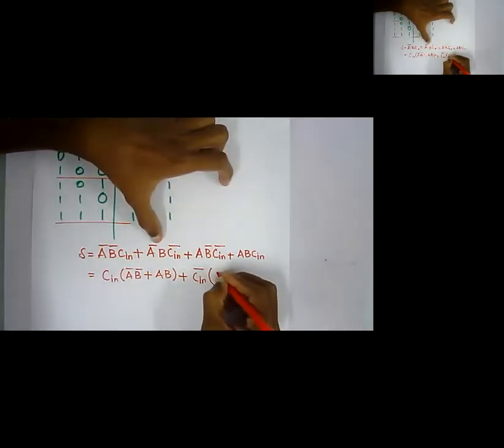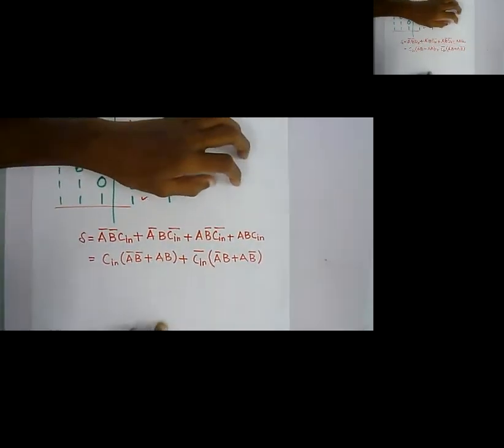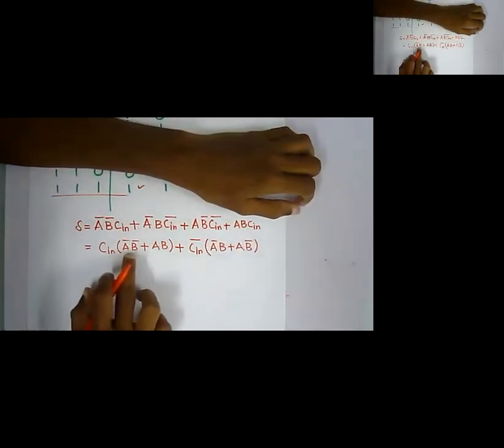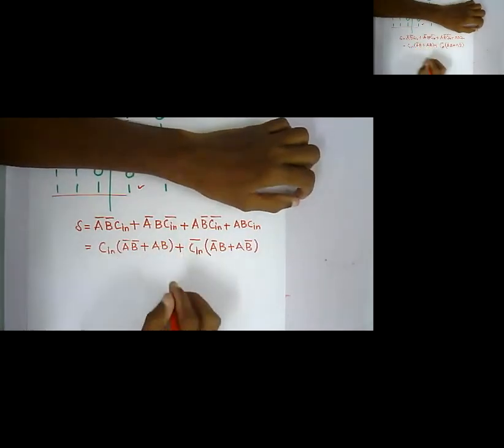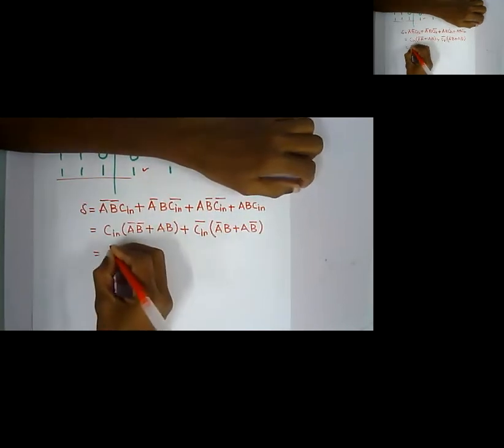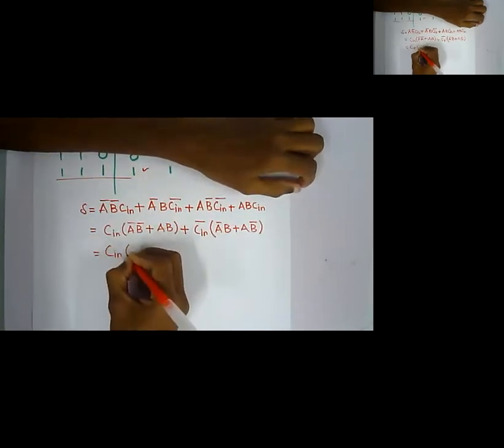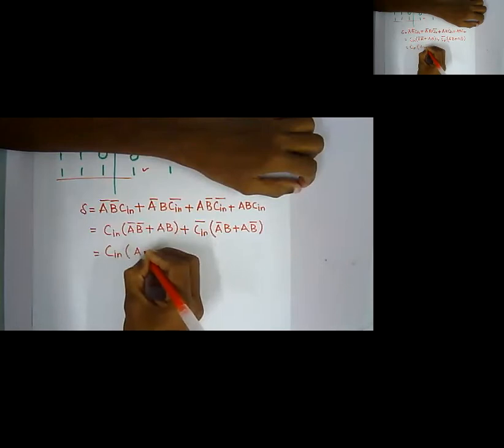So C in bar into A bar B plus A B bar. Clear. Now look at this one. What is A bar B bar plus A B? Sorry, that is A XNOR B, which I can write as C in into A XNOR B.